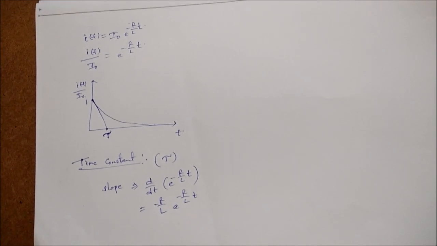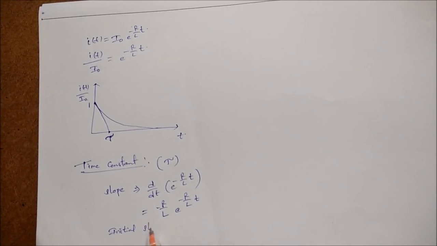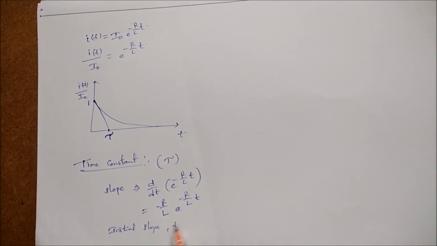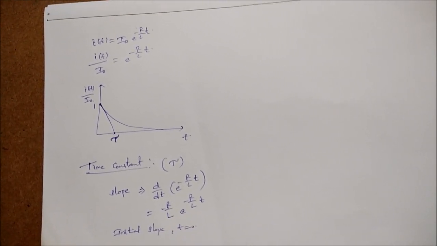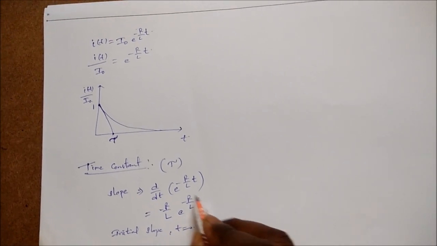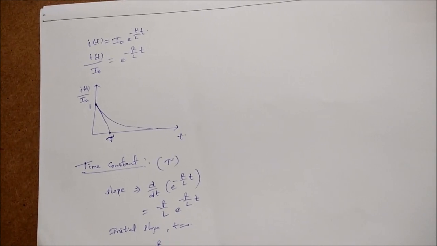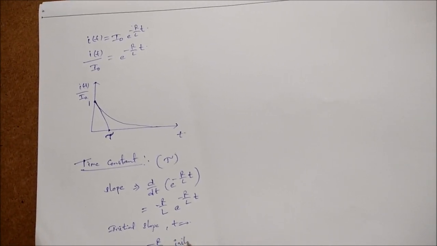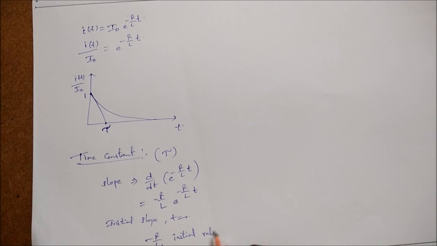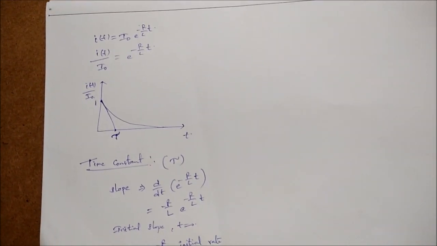Understand? Now the initial slope, that means at t is equal to 0. Put t is equal to 0 here, so e power 0 will be 1. So minus R by L is the initial slope, the initial rate. At t is equal to 0, minus R by L is the initial slope.